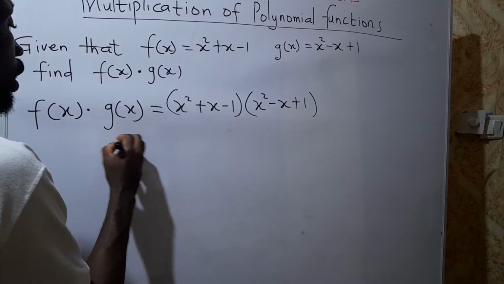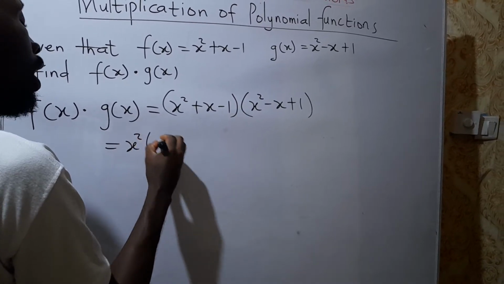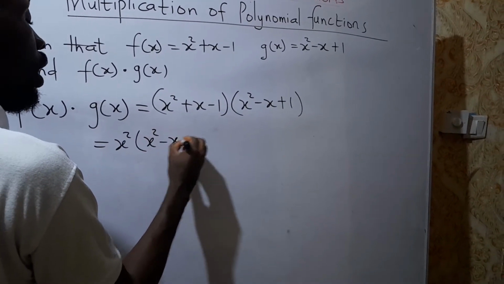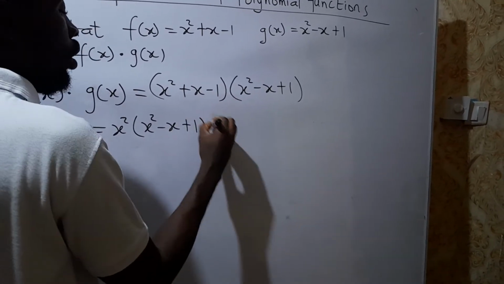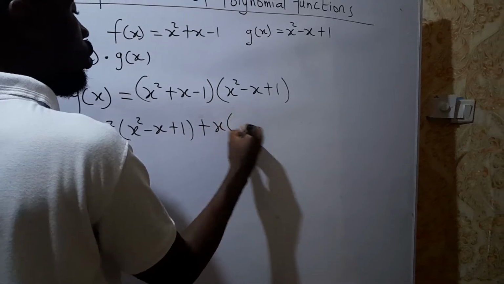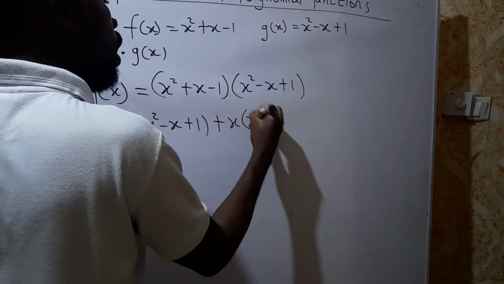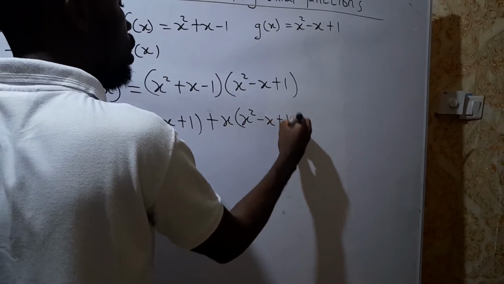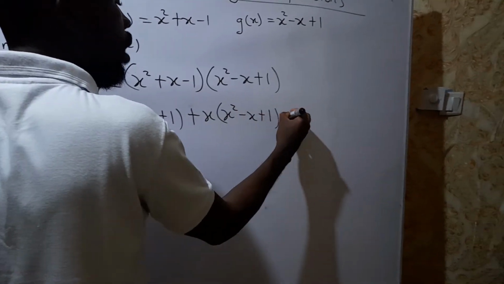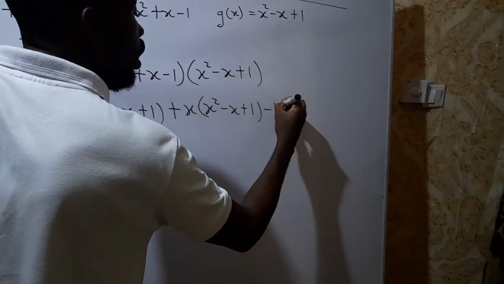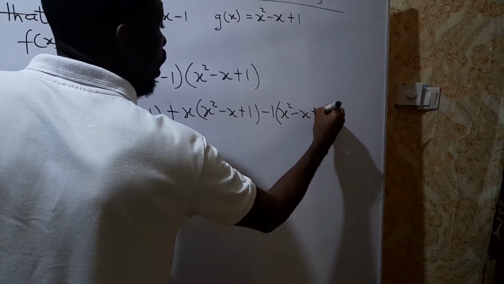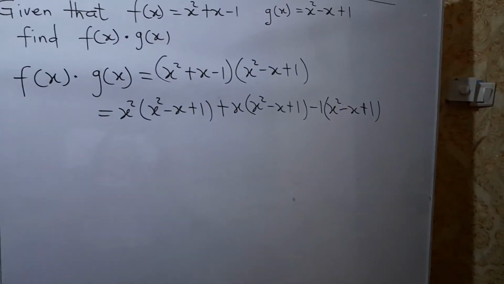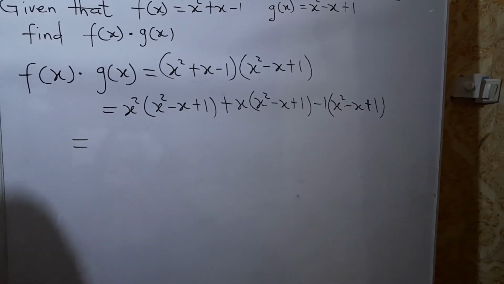So this is x squared times x squared minus x plus 1. So the x squared will multiply each and every term there. Then plus x will multiply each and every term, x squared minus x plus 1. Then the negative 1 will multiply each and every term there, x squared minus x plus 1. After you multiply, you group like terms and simplify.